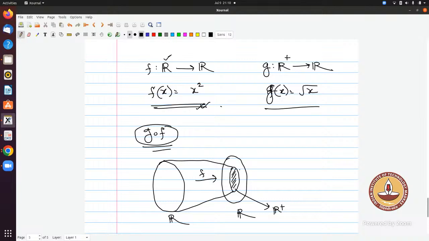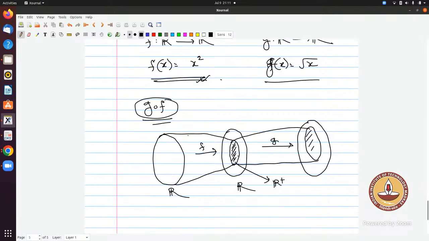Now see, this is actually the domain of G. So to every element of this I can apply G. So this is where I can apply G. Correct? So this function is defined. And what is this function? G composite f of x is G of f of x, and f of x is basically x square.